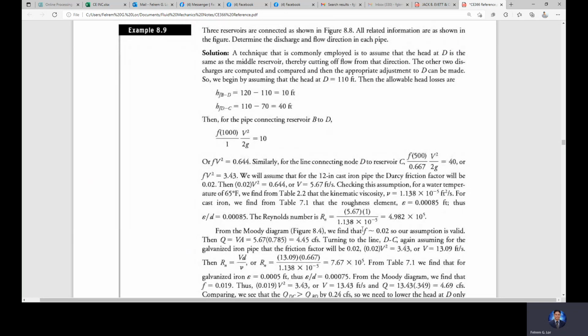Or pwede po itong density over dynamic viscosity times d times the velocity.